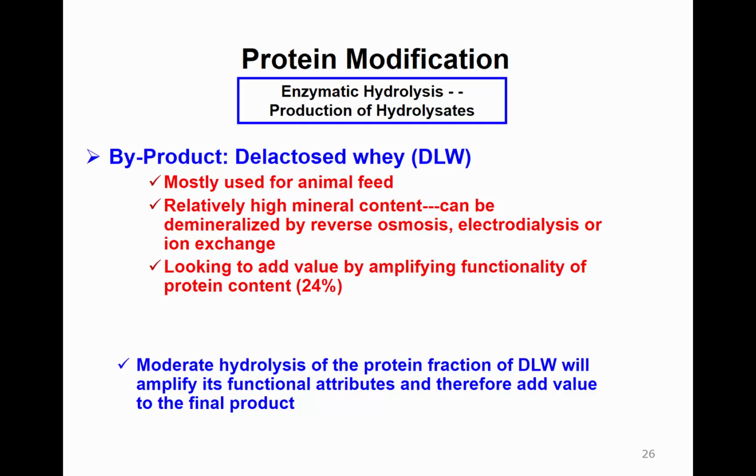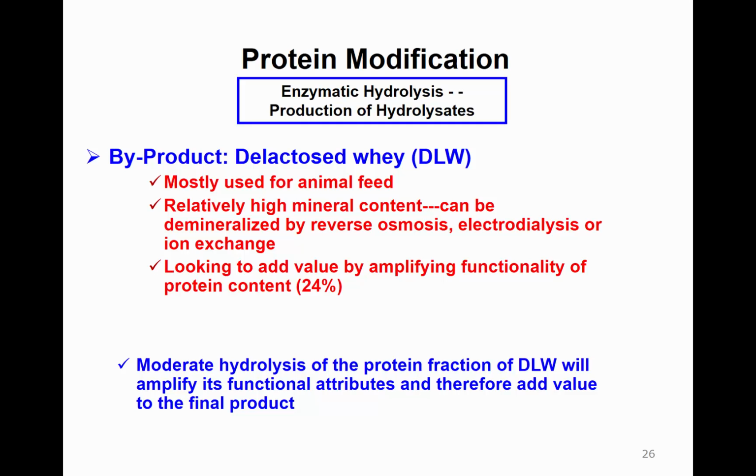It is mostly used for animal feed, and it's relatively high in mineral content, but you can reduce that by reverse osmosis and dialysis. And the delactosed whey powder does have a decent amount of protein. It's not as rich as whey protein concentrate or whey protein isolate, but it does have 24% protein.